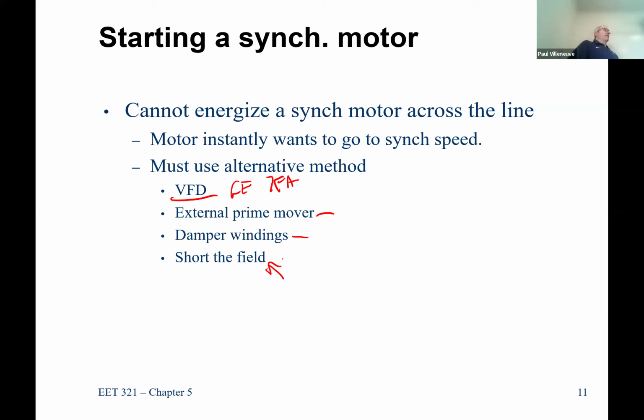So you start it as an induction machine by shorting the field. That's a little more complicated. Most of the ones you'll see, because these are pretty expensive, pretty important, those are the two that you'll see. If it's a smaller application, you might see some damper windings, or you might short the field. But the top two are the most common for most applications. You just get it rotating somehow.